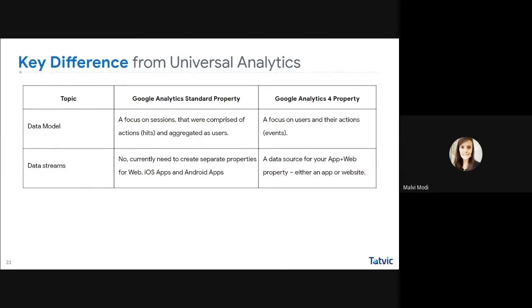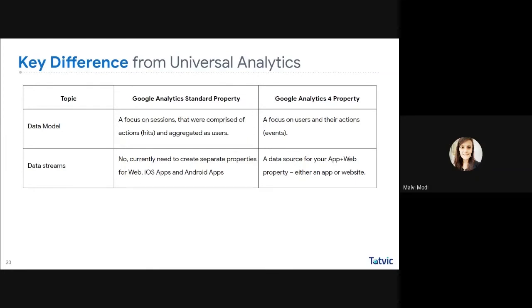When we talk about data streams, the standard property did not have any streams because we had to create separate properties for web, iOS apps, and Android apps. But in GA4, since everything combines app and web, we can directly have a property and no view for that.